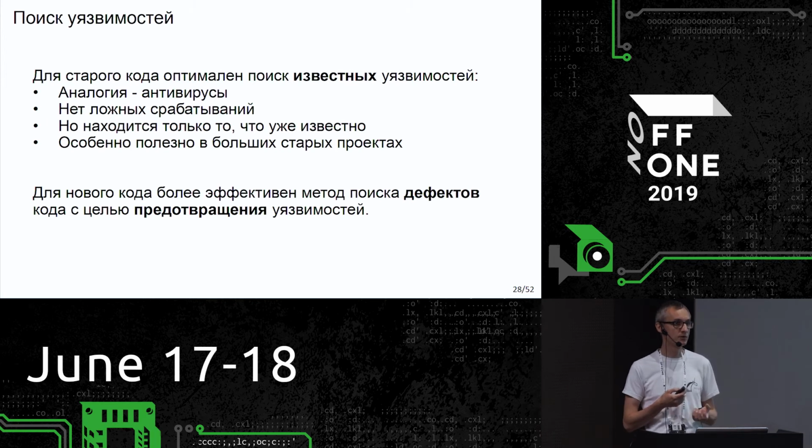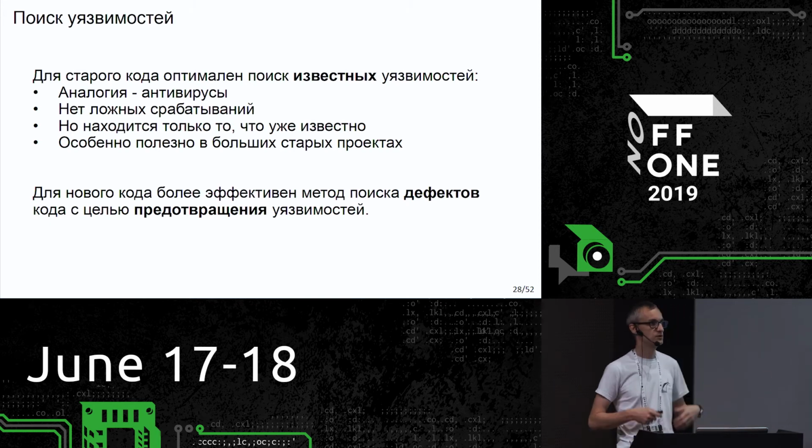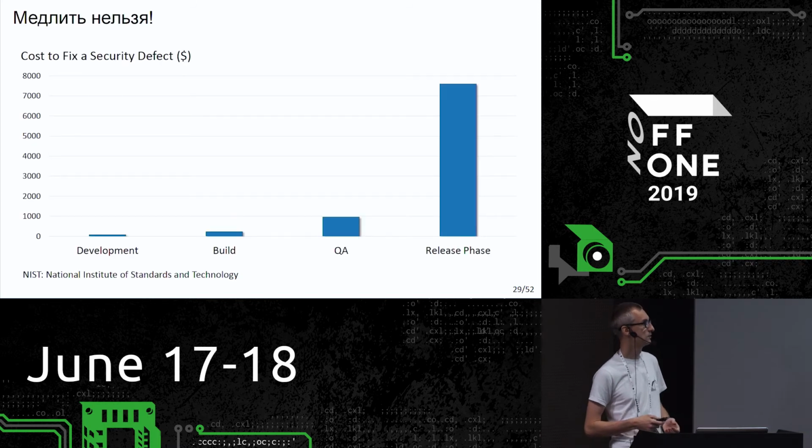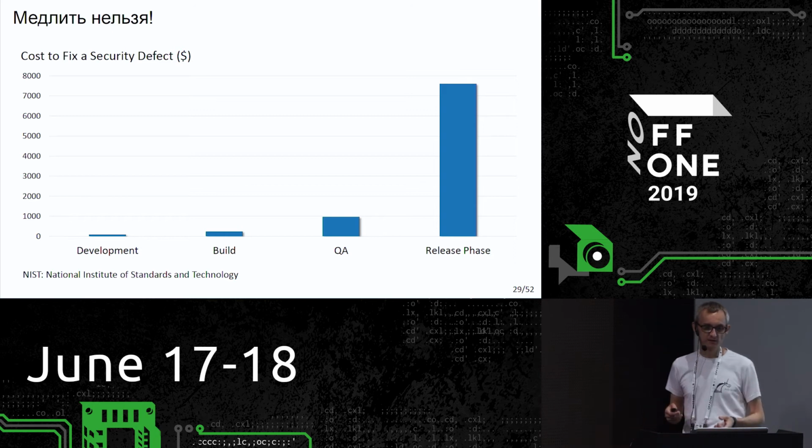It still works for the old code, but the amount of work you have to do is much bigger. So our analyzer works using the second way. We use the second way.